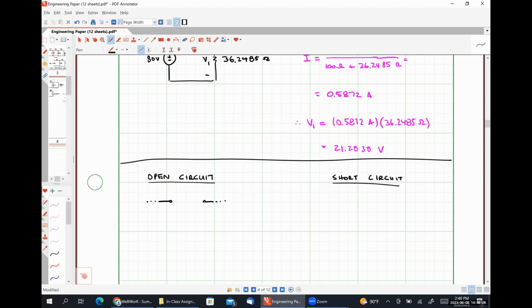Okay. So how much current, let me write here, is able to flow through an open circuit? Take a wild guess. None. You're absolutely right. No current is allowed to flow through an open circuit in this class.